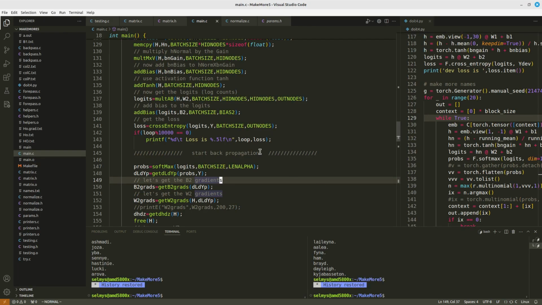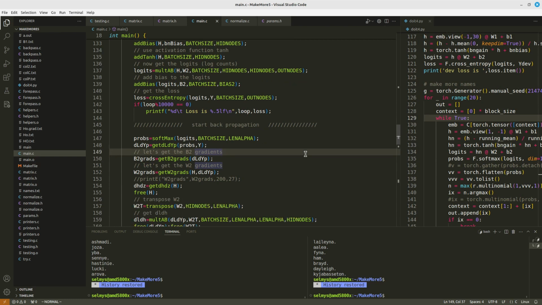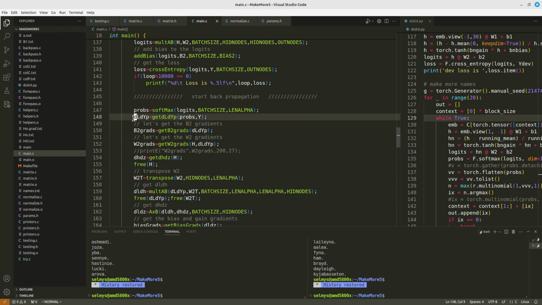If you look at our backpropagation here, you'll notice that we go through and I get that DL d y predicted. I get the B2 grads, W2 grads, and this is the gradient of the activation, which is basically, remember the derivative of tanh is 1 minus tanh squared. Then I need to do a transpose here of W2, and I get DL DH.